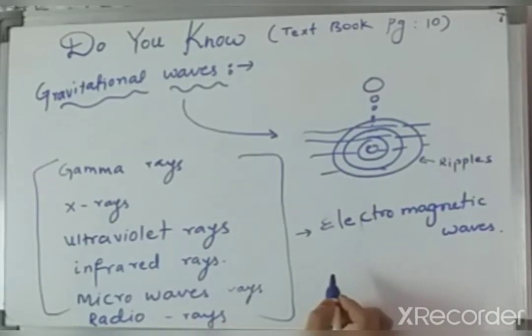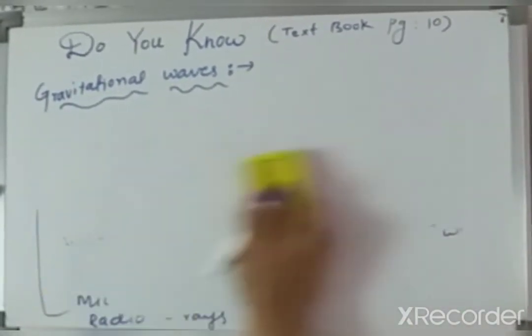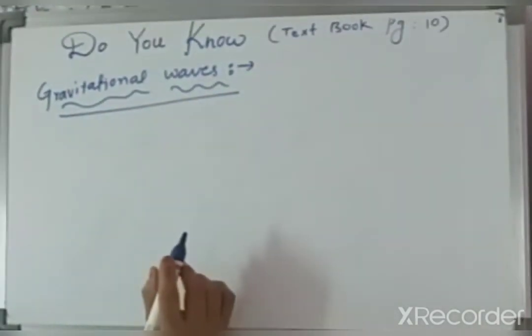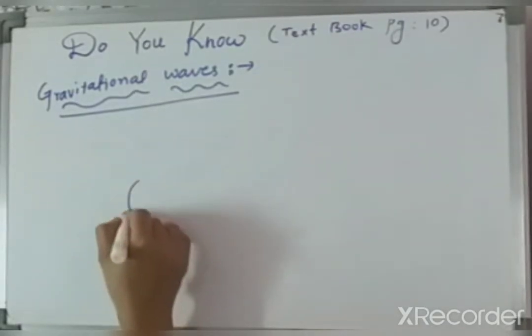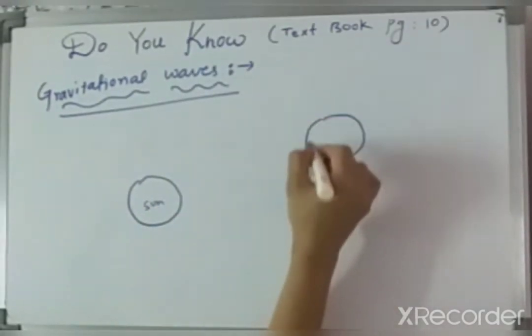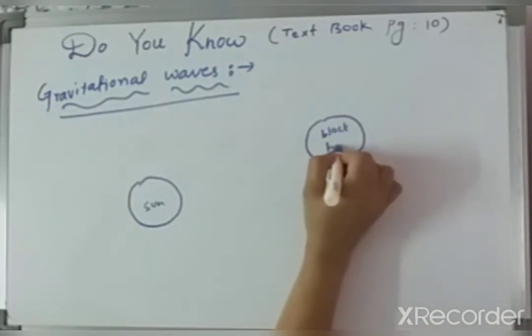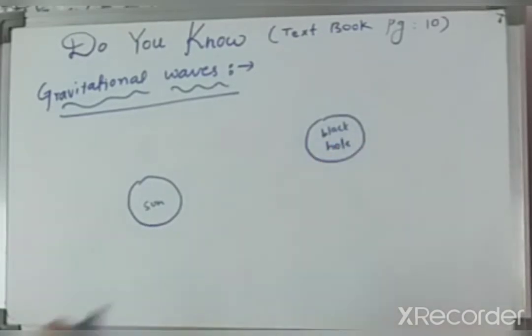The same way, different heavenly bodies are producing a particular type of wave, and these waves are nothing but called gravitational waves. So astronomical objects are emitting waves. Suppose this is the sun. So from the surface of the sun, or this is another astronomical object, any planet or any star or any black hole, any energy containing body which is in the universe.